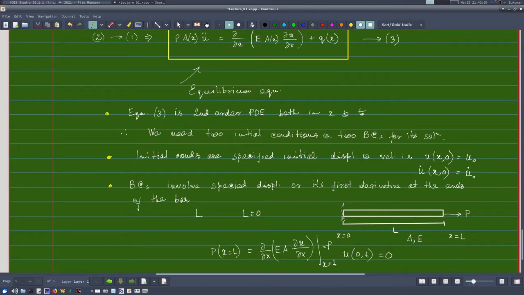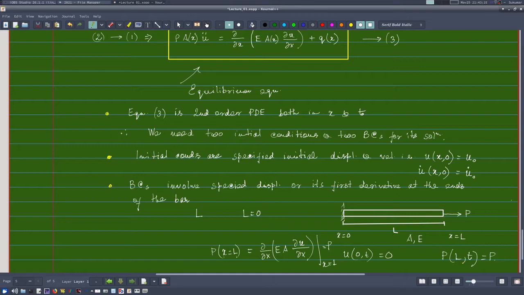If this P acts for all time, then I can call that P at L and t equal to Cp. That's how I can have either a displacement boundary condition or a force boundary condition.